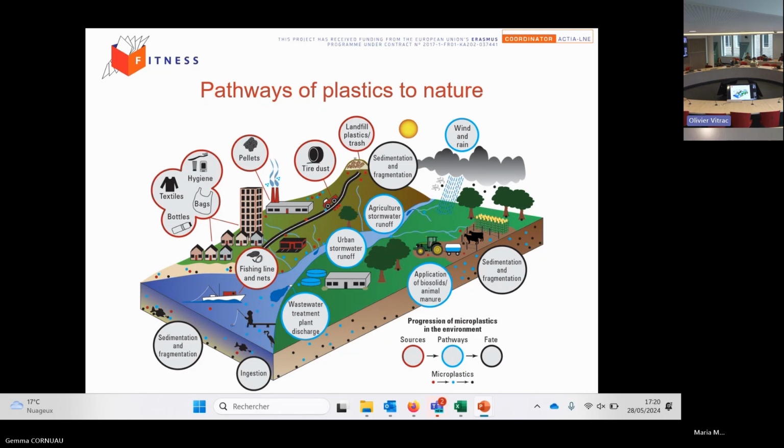Then you also have plastics coming from agricultural applications, for example plastic which is coating of seeds or fertilizers. You can have plastics coming out of wastewater treatment and, I don't know, application of biosolids or animal manure. So there are a lot of different ways to bring plastics into the environment.